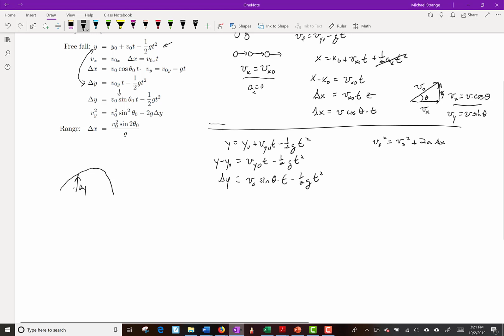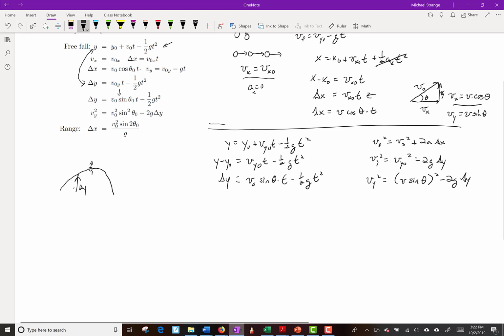So if we want to know the y velocity, how much velocity does it have going up, then vy squared is vy naught squared, then the acceleration is still negative g, 2g delta y. Now this piece right here, this vy naught, is v sine theta. So v sine theta squared minus 2g delta y.